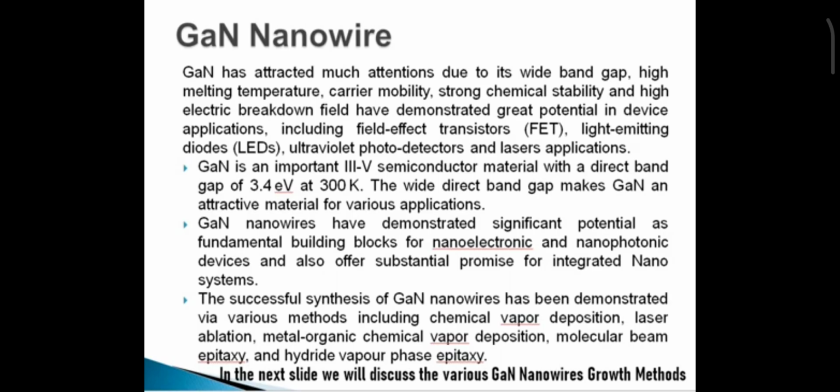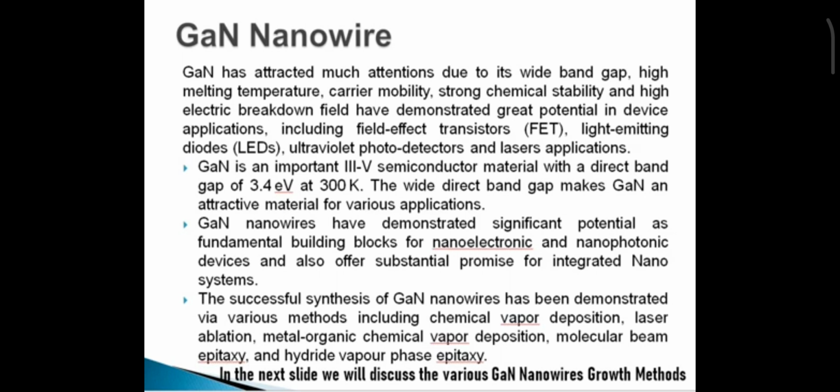The wide direct band gap makes gallium nitride an attractive material for various applications. Gallium nitride nanowires have demonstrated significant potential as fundamental building blocks of nanoelectronics and nanophotonics devices, and also offer substantial promise for integrated nanosystems.